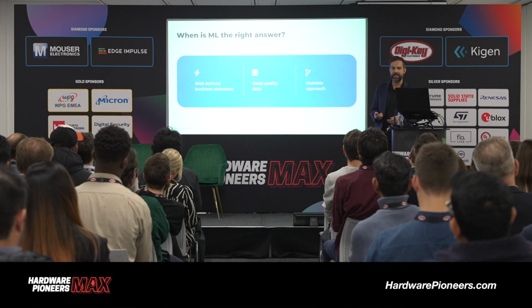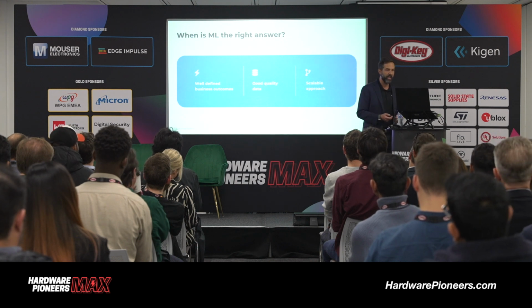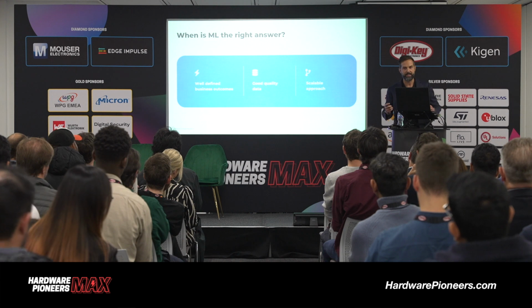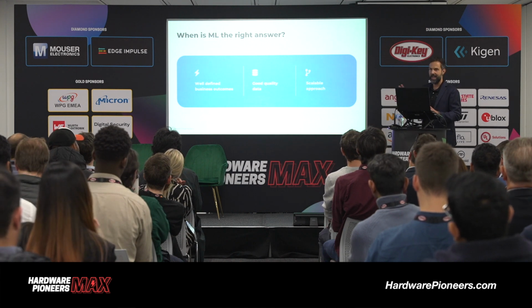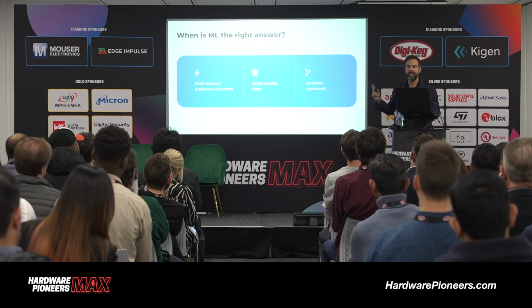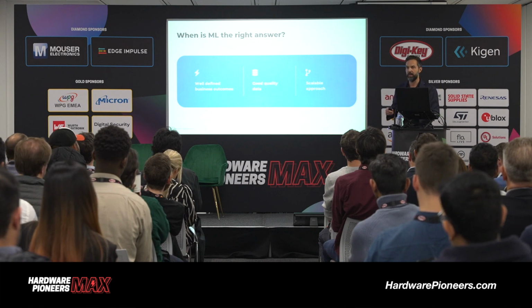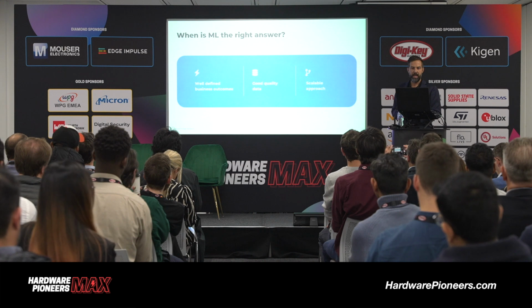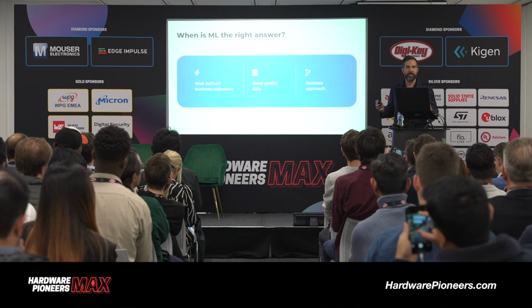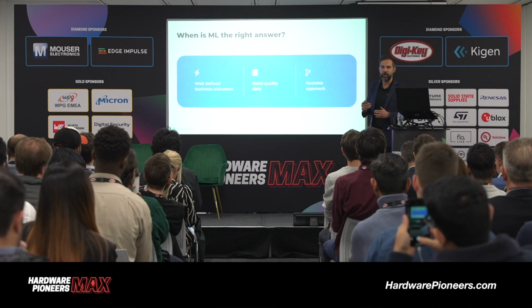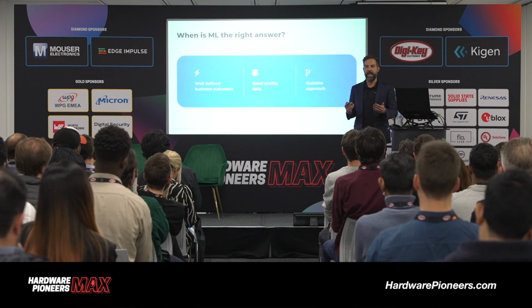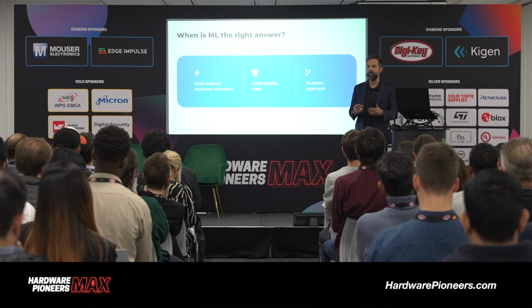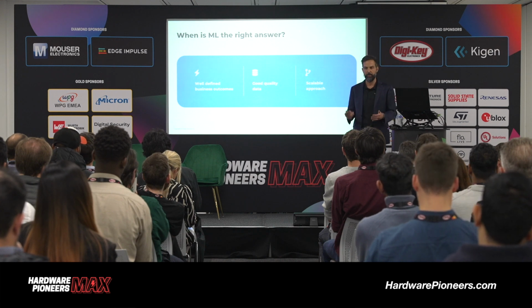Okay, so when is machine learning actually the right answer? There are multiple answers to this question, but today I wanted to focus on 3 different aspects that you need to think about in order to answer it. First of all, machine learning is a statistical method, and for that you really need to make sure that you have your business outcomes defined well before you start.